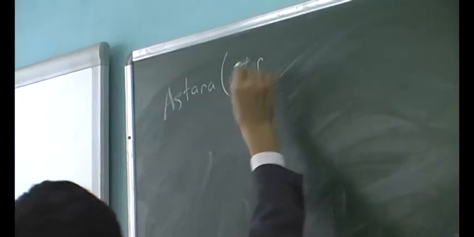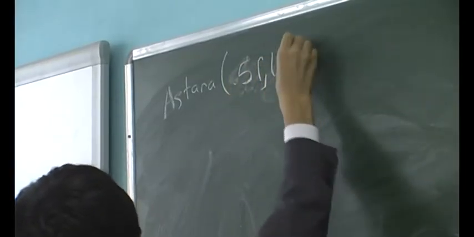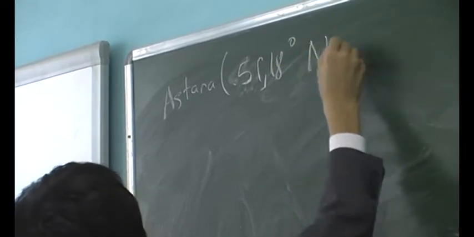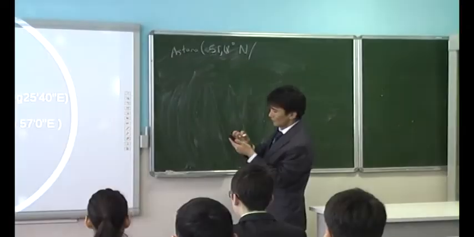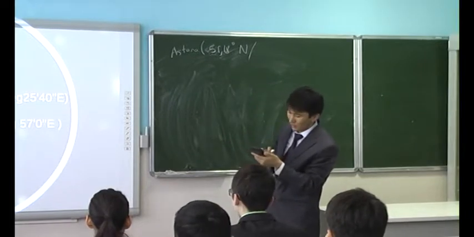Then Astana has the coordinates 51.18 degrees to the north, yeah? This is the latitude.